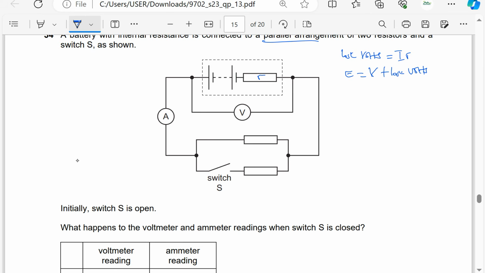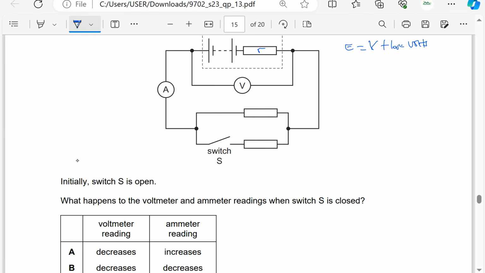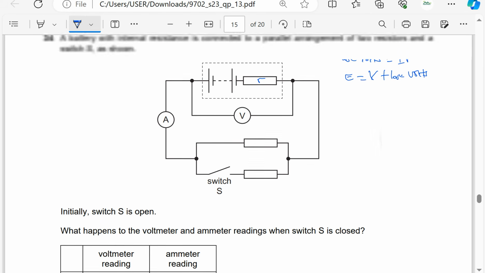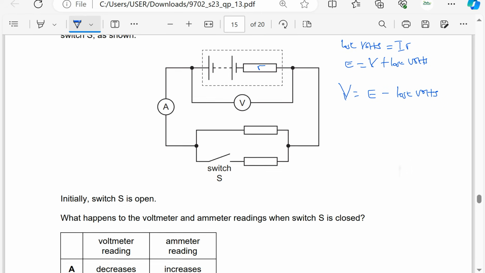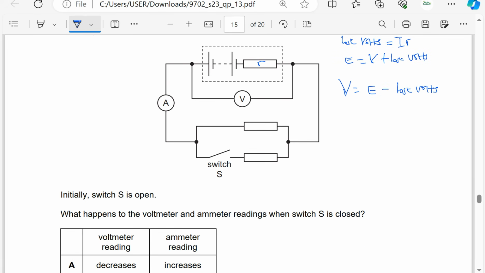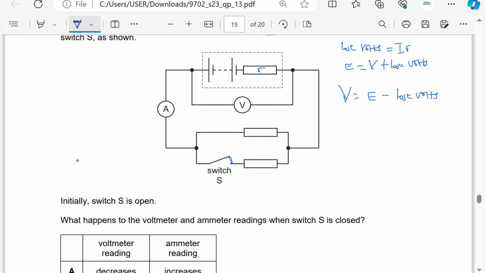So now, what happens to the voltmeter? It means V, that is the reading of the voltmeter, is E minus the lost volts. What happens to the voltmeter and the ammeter readings when switch S is closed? So the moment we close S, what happens to total resistance?